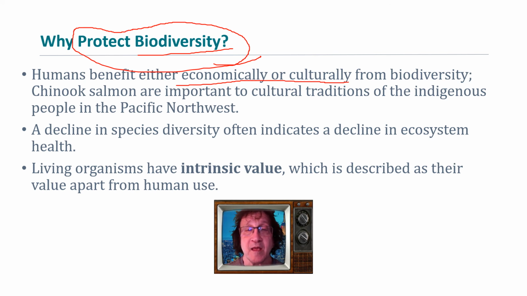In environmental science, it's hard to promote this because it is a form of ethical thinking that sometimes gets outside of the scientific realm. But in environmental science, we all just assume that there is what we call an intrinsic value to nature. And that just means nature has value in itself apart from human use.